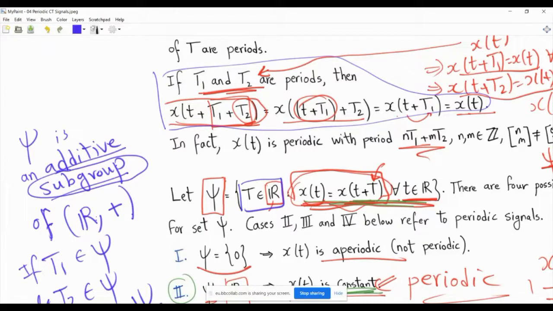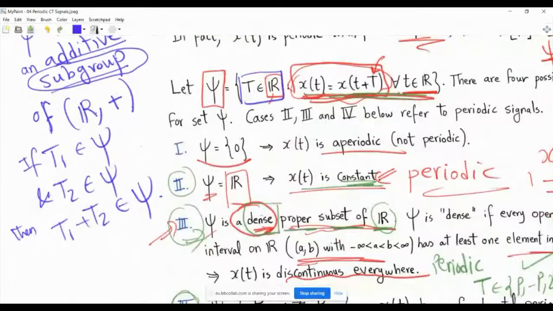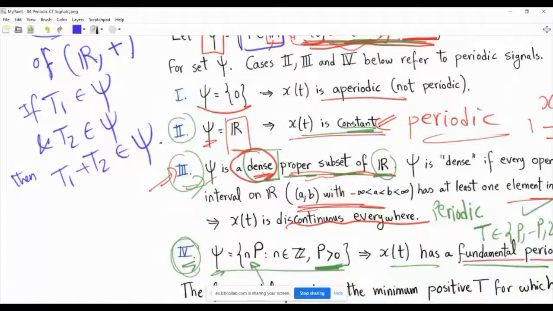The proof relies on the concept of infimum, finding the infimum of a certain set. I will not go into the details of this, but those 4 cases are exactly what we have. We don't have any other cases, and this itself is a mathematical result.